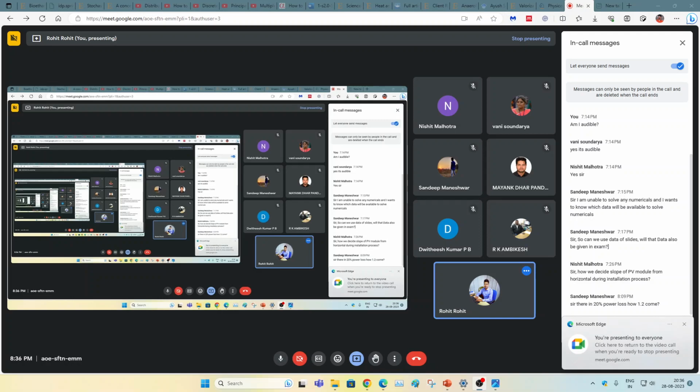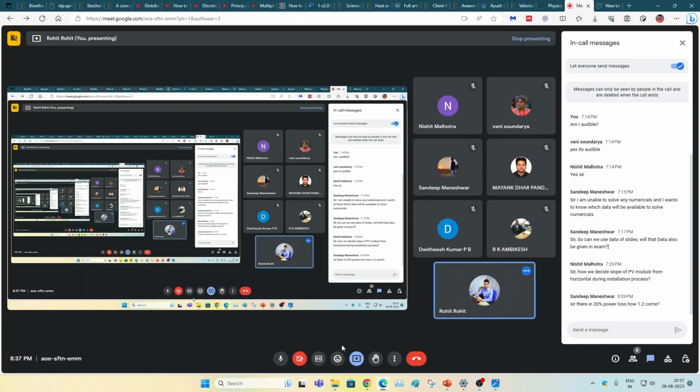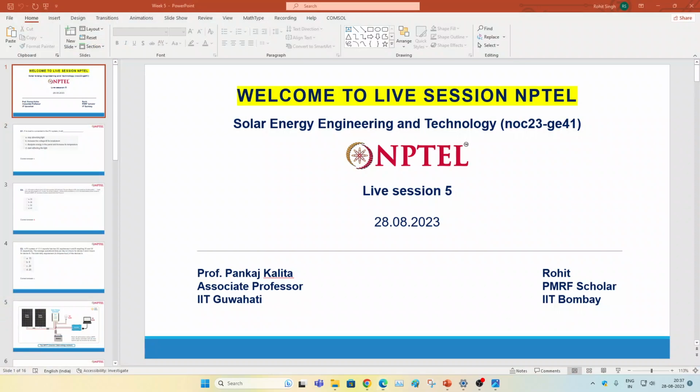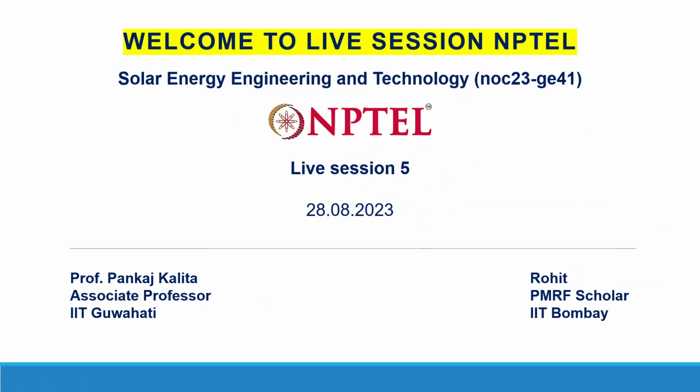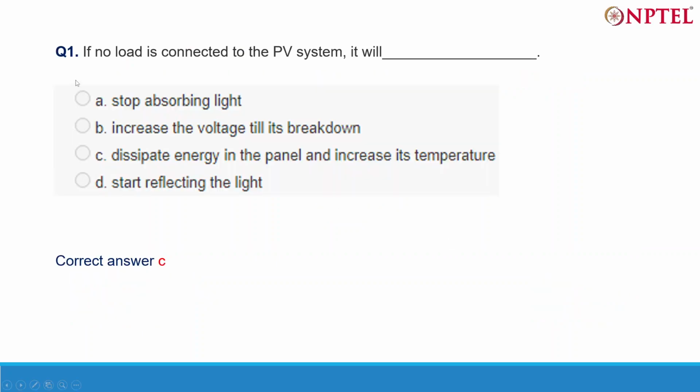So let's discuss the assignment questions from the previous run of this course. The first question is, if no load is connected to the PV system, it will be... So what will it do if no load is connected?